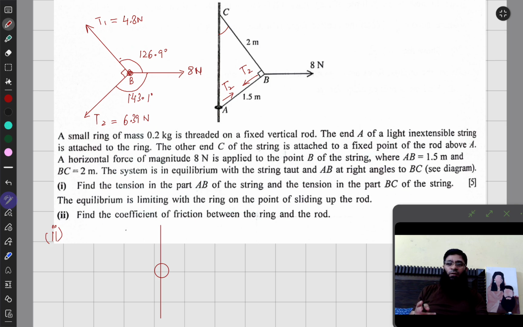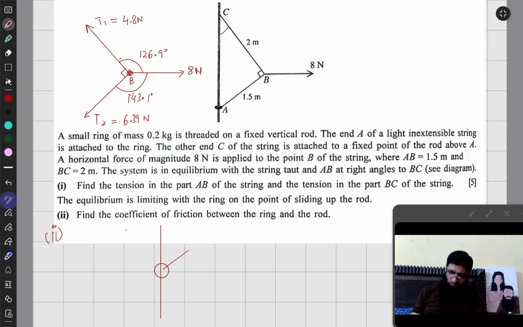It will apply equal force in both directions. So the force T2 will pull the ring in this direction, and it will apply a force at point B in this direction.